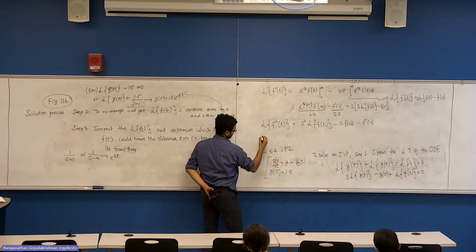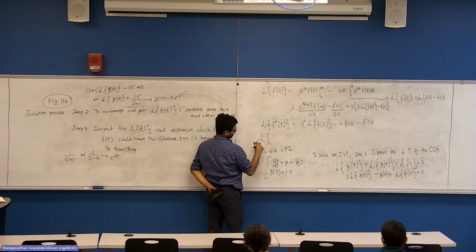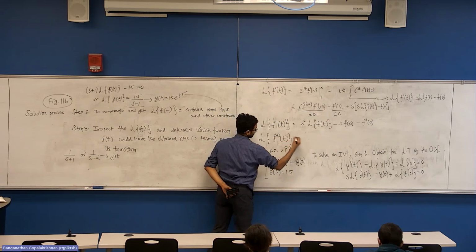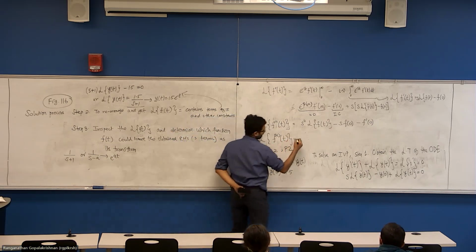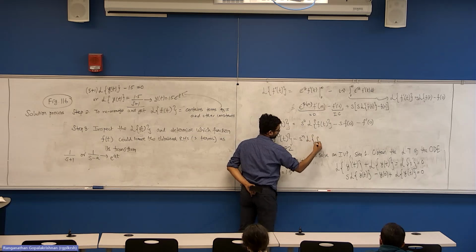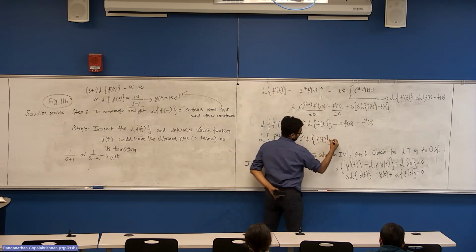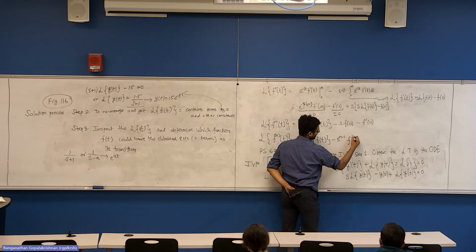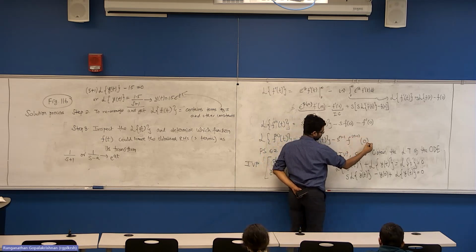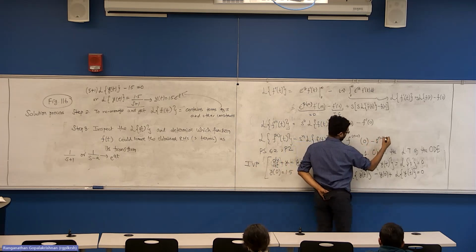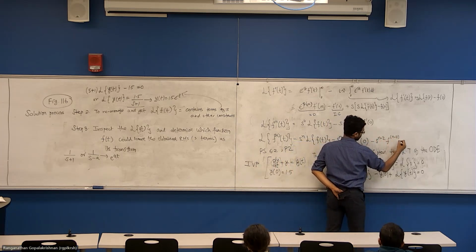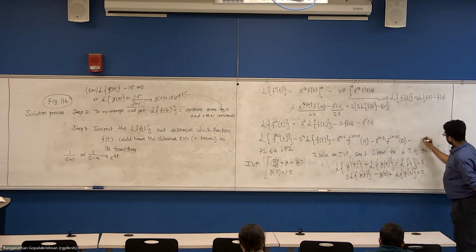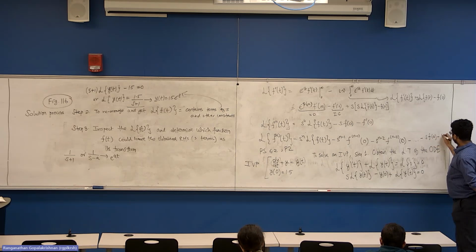So this result can be generalized easily to say the Laplace transform of the nth derivative of a function is equal to s power n, the Laplace transform of the function, minus s power n minus 1 times the n minus 1th derivative at 0, minus, you can easily write this, minus and so on, minus s times f dash of 0 minus f of 0.